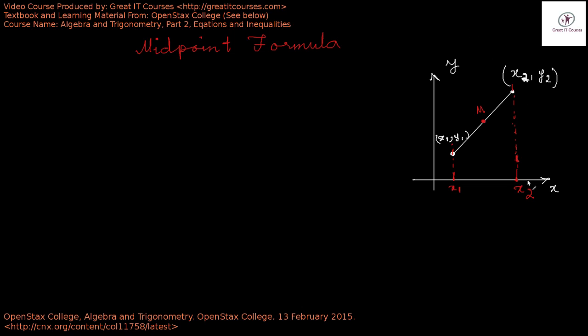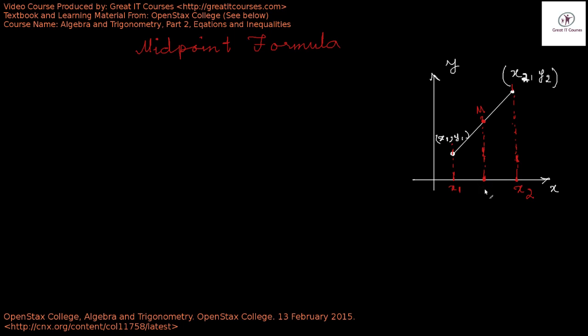So now I know that this point M is in the middle of this line segment. So if I drop the perpendicular from point M to the x-axis over here, then this point is going to be exactly between x1 and x2.